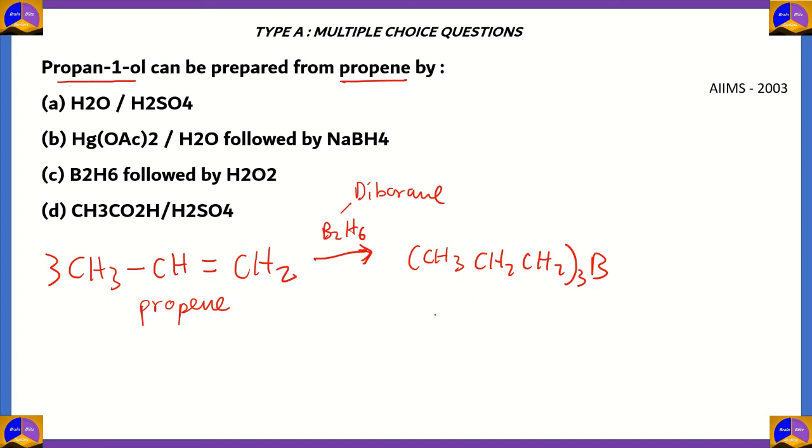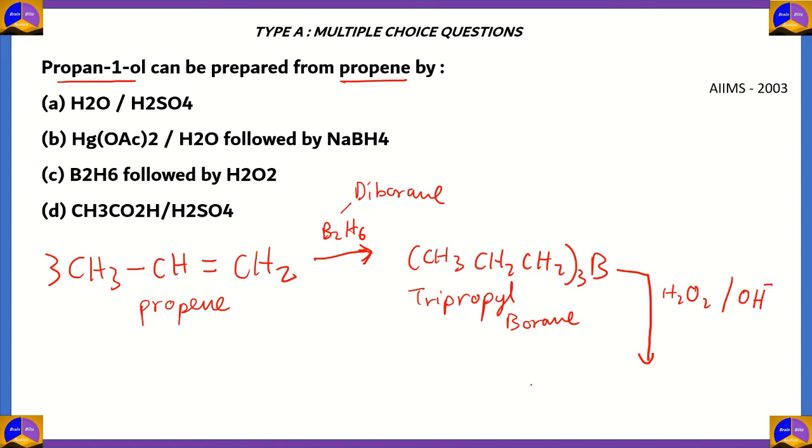The intermediate is called tripropyl borane. And then to this tripropyl borane, we are adding peroxide and hydrogen peroxide in a basic medium.